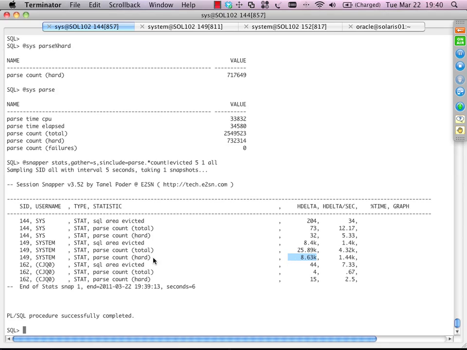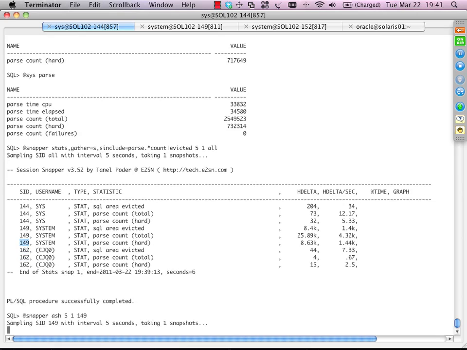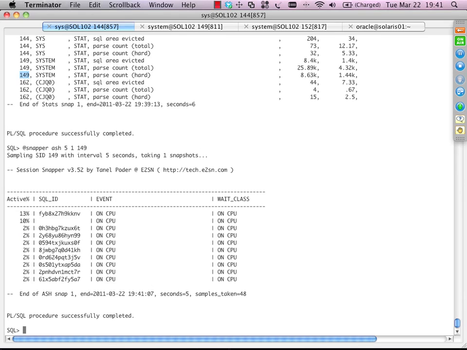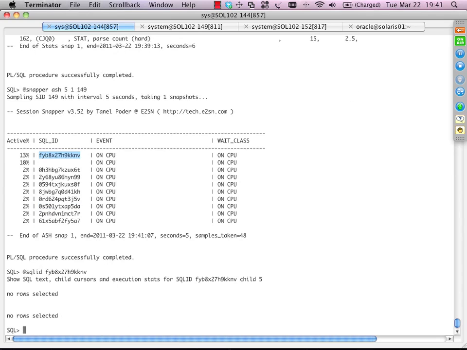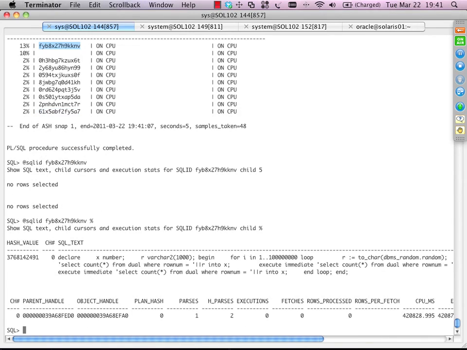So now all I would need to do is just see what this session is doing, perhaps. This SID 149. So I can use snapper or whatever, once you have the SID, you can do anything. You can enable SQL trace and so on. And I can just pick one of the SQLs. So the top SQL is my own PL/SQL loop, this script.